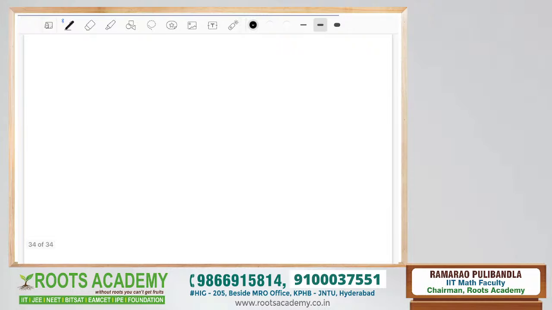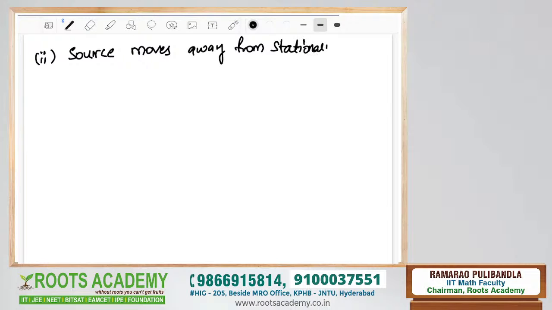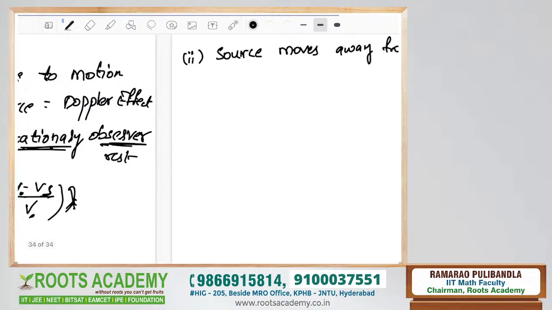And the second case is when the source moves away from the stationary observer. That means the observer is at a rest position, and the source moves away from them. What was the previous case?